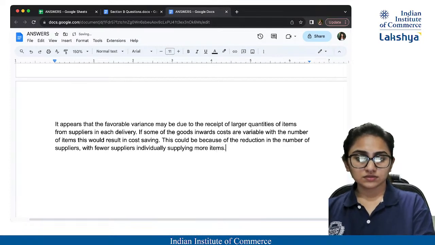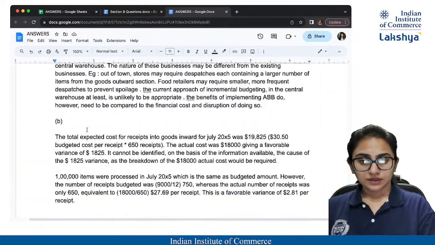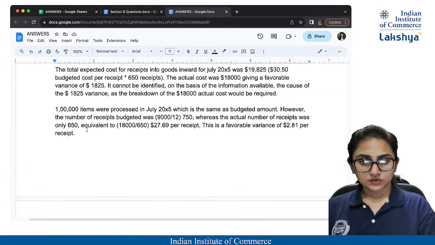So this is the explanation of the same. Please go through the same and then we begin with the next question.